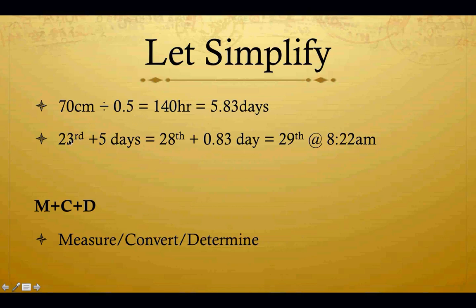So we know it was on the 23rd at 12:30, plus your 5 days equals your 28th day, and then plus the 0.83 of a day, equals your 29th at 8:22 a.m. So that's about as simple as I could put it.